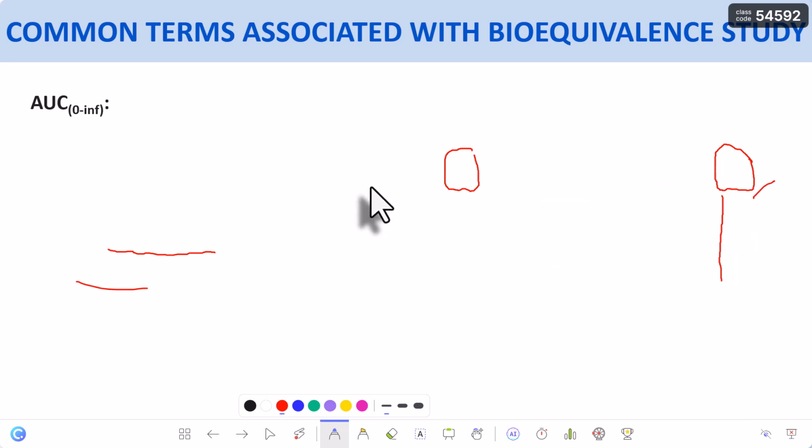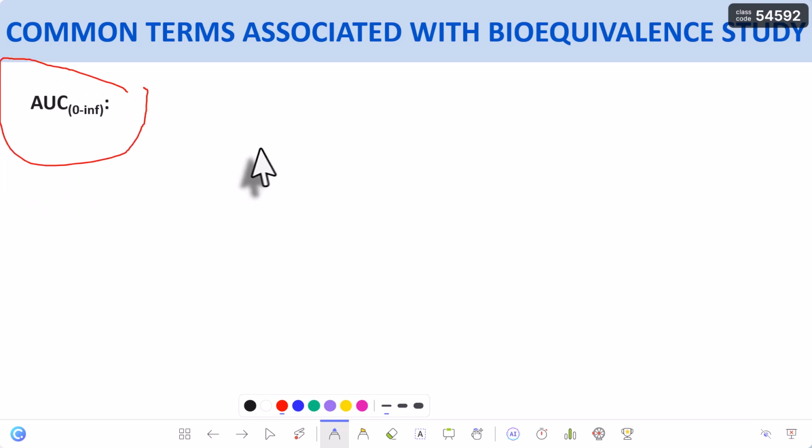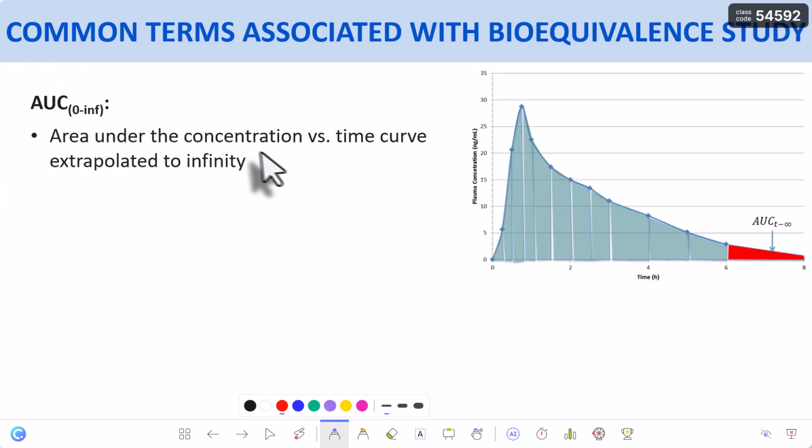Then there is another important term called AUC 0 to infinity. This is the area under the concentration versus time curve extrapolated to infinity. If you look at this time versus plasma concentration curve, this is the concentration, and this is the time up to which the plasma drug concentration is measured, right? So this is like 0 to t for our understanding.